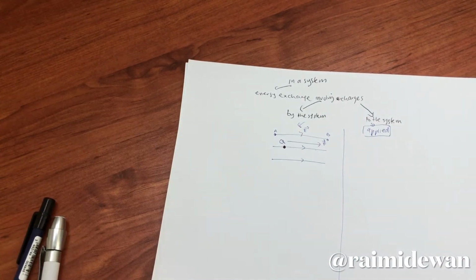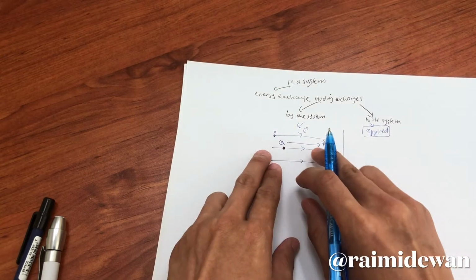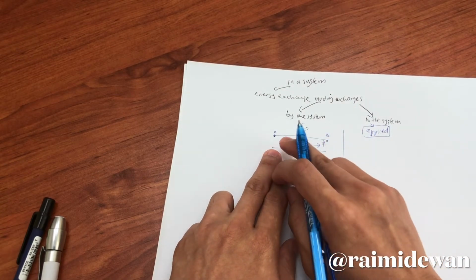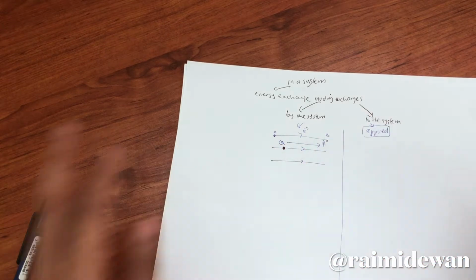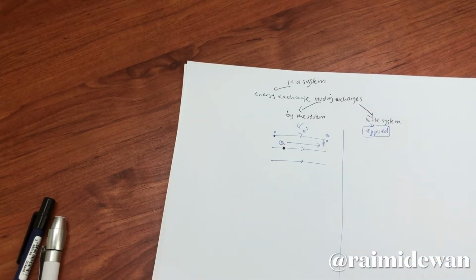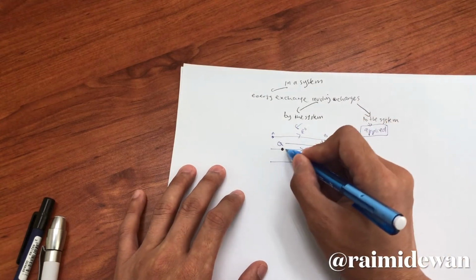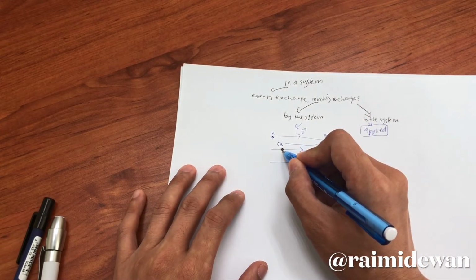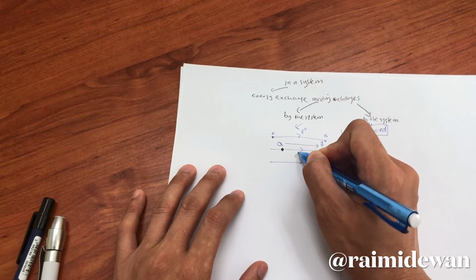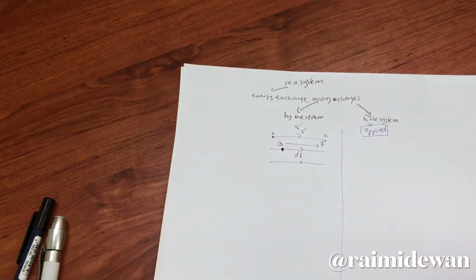You may have learned from your secondary school or foundation that when you have a force F and a distance, it will result in an energy. So when it moves from here to here, it has a small distance of dl.